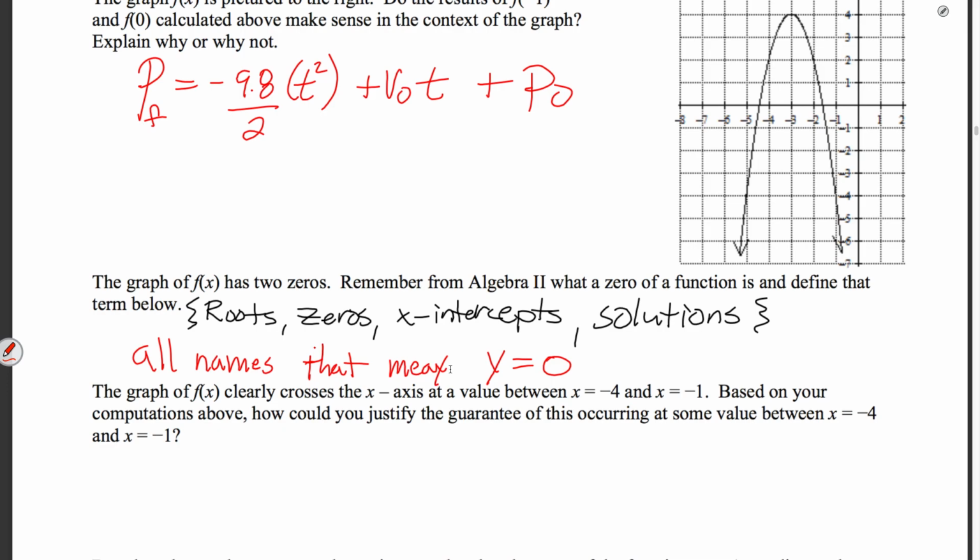If I start at 0 and come back to 0, I could leave 0 there for p naught. But if I'm that monkey game throwing a banana, standing on top of a building 300 feet off the ground, then the starting position is 300.